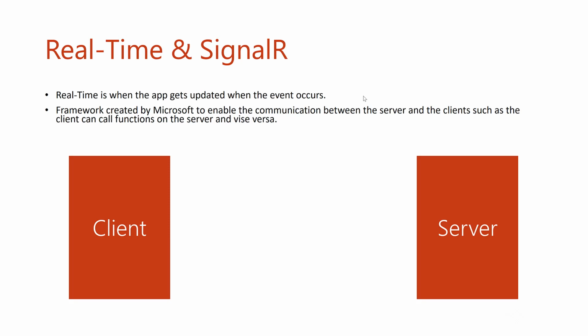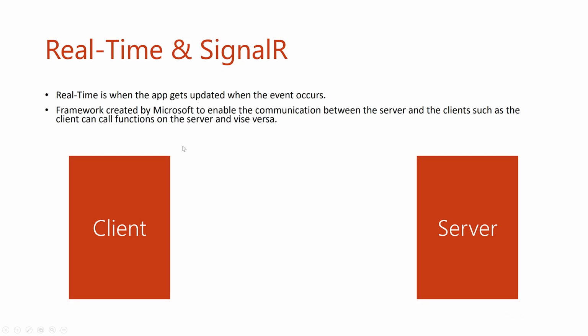They can provide two-way communication between each other. Not only does the client call the server and the server respond back, even the server can call functions existing on the client.